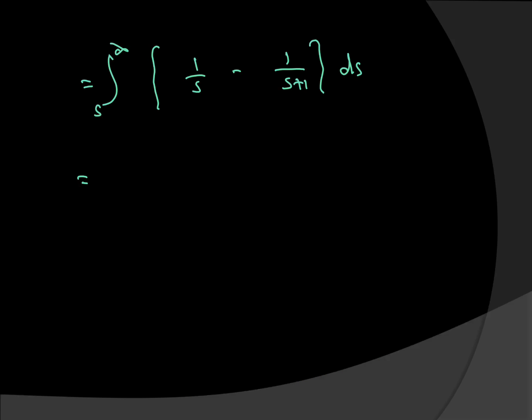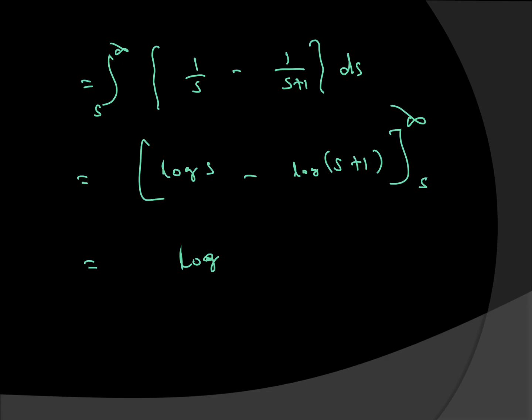If you do its integration, you will get log s minus log s plus 1. Your limit is lower limit s, upper limit infinity. And if you solve this one, further if you solve it, s by s plus 1, limit you put s to infinity. Then it's infinity by infinity coming, so further you have to simplify it.